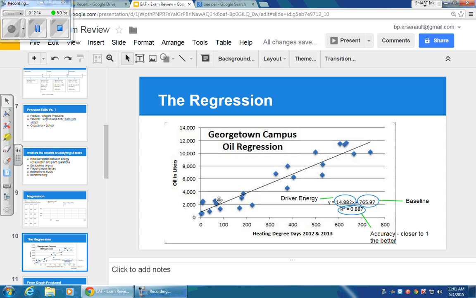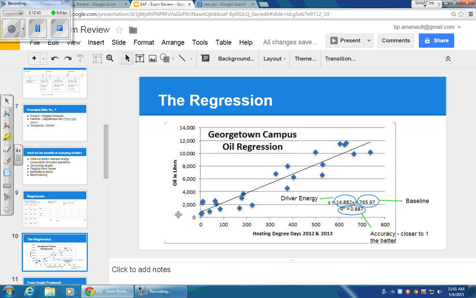You can see interpolated up here, it's just over 2,000, which is really what we can expect for 1,488 plus 765, about 2,200. The R-squared value is how accurate the linear regression is, and as these dots move closer to the line, we're going to have a more accurate regression, and our R-squared value will be closer to 1.